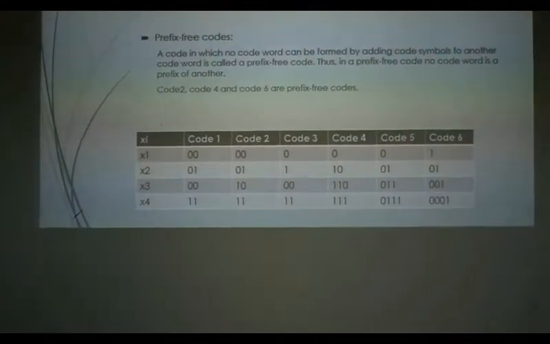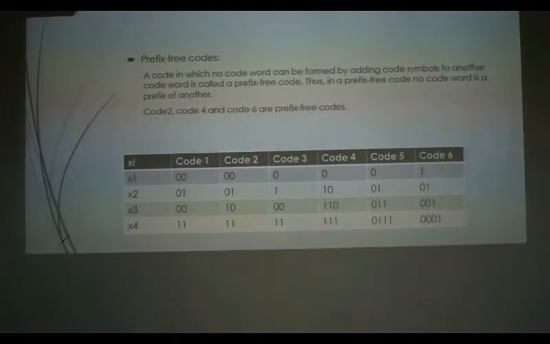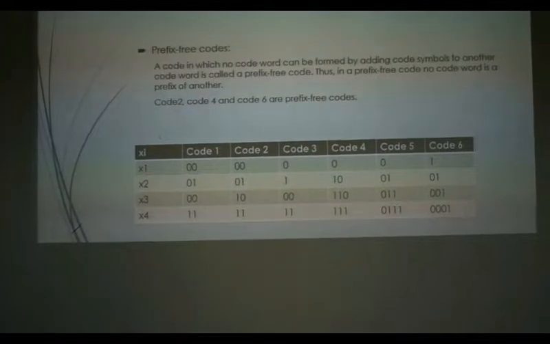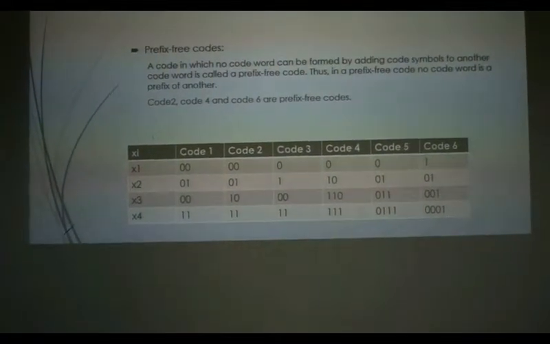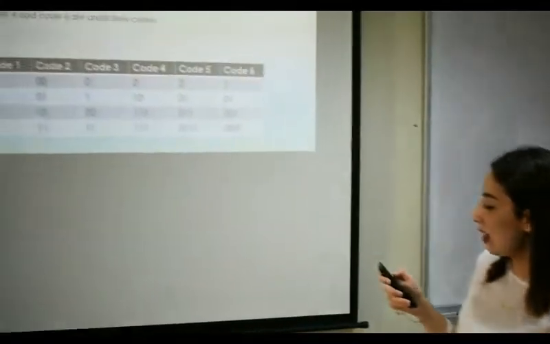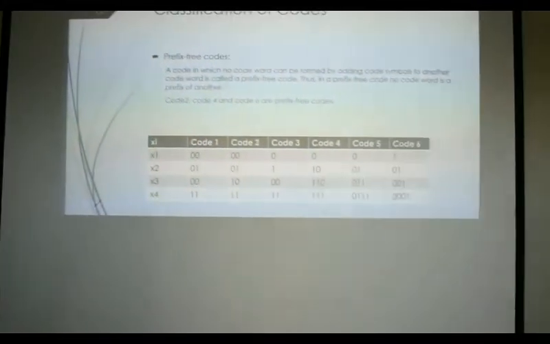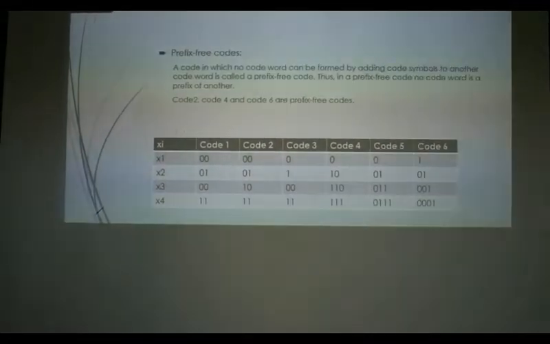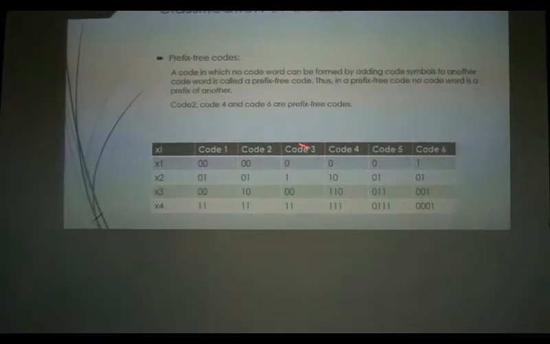The fifth classification we can make now is that in the same code there are binary sequences that can be decoded using different code words. Look for example at code 3.